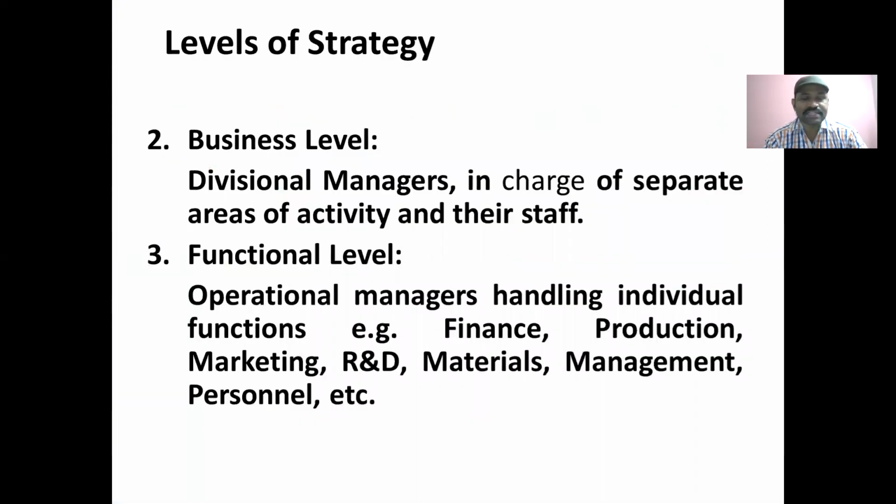And the second level is business level. Below the corporate level, we have business level. And business level consists of the managers who handle the individual businesses or separate businesses of the company. For example, under Tata Group, there are different individual businesses called SBUs, strategic business units, such as Tata Steel, which is one separate business. Tata Motors is another business. Taj Hotels is another business.